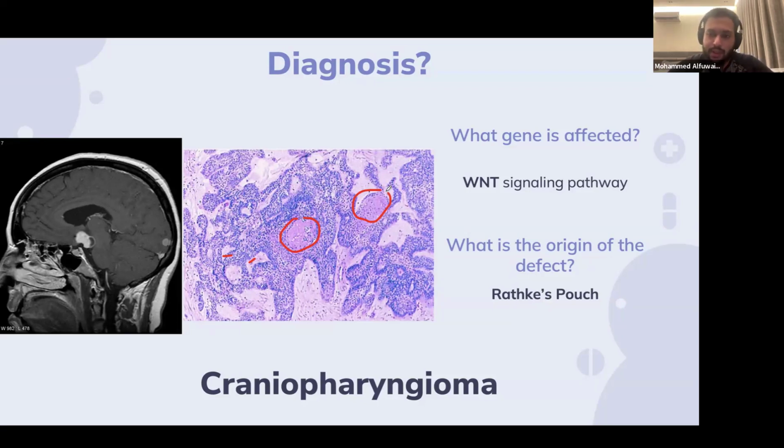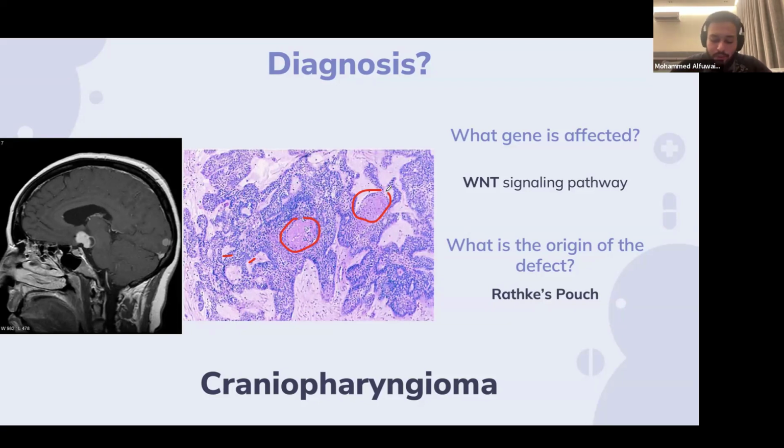Octreotide, which is a synthetic somatostatin. And we talked about octreotide a lot in GI. You can treat esophageal varices, for example, and all the endocrine pancreatic tumors that we talked about, insulinoma, glucagonoma, VIPoma, okay? All of these can be treated with octreotide.